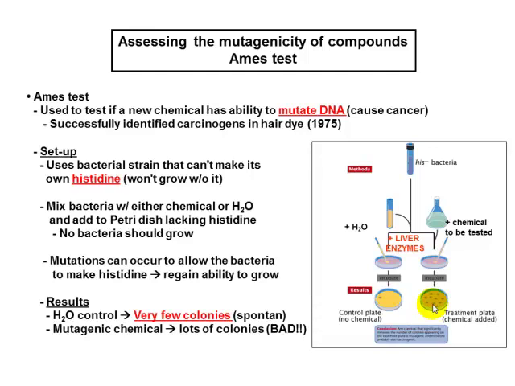So after this Ames test, other tests were developed, and then you have tests in mice, tests in rabbits, in dogs, cats, pigs, and monkeys, you name it. But eventually, if this drug will pass all of the tests, it will be allowed to be tested in humans.